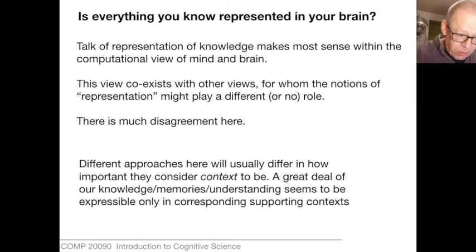One reason to be cautious about that is to note that if you attribute everything to the brain, you've attributed very little to the world, and yet an awful lot of what we know, even a lot of what we remember or what we understand, can only be known or remembered or understood in specific world contexts.